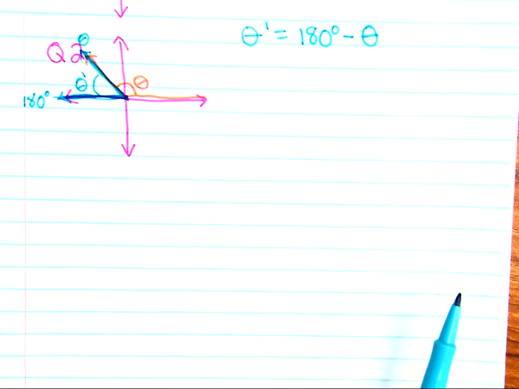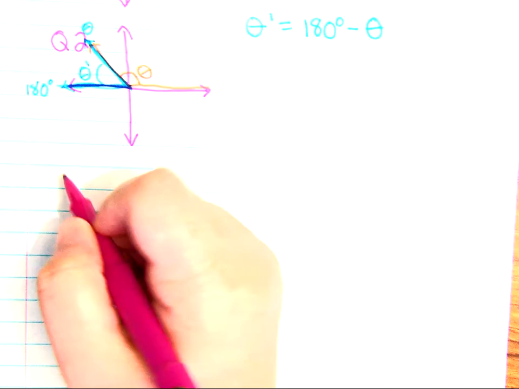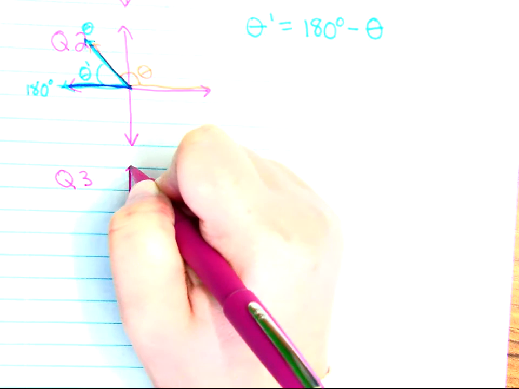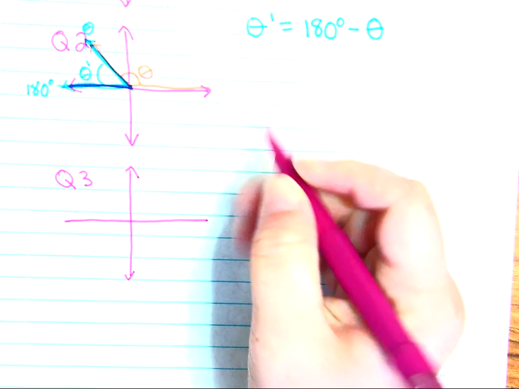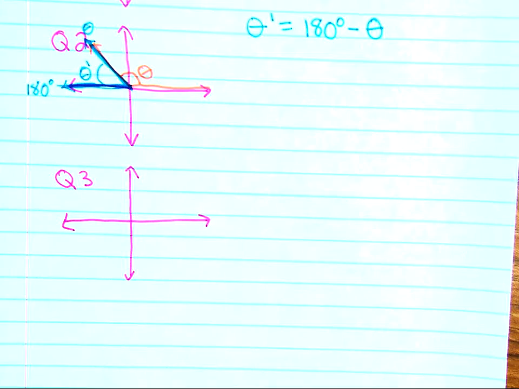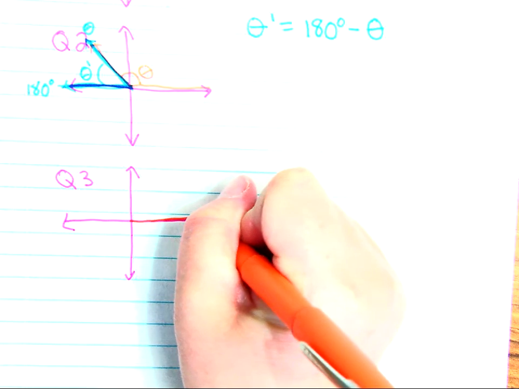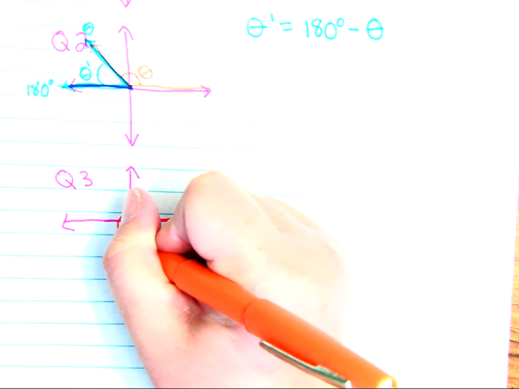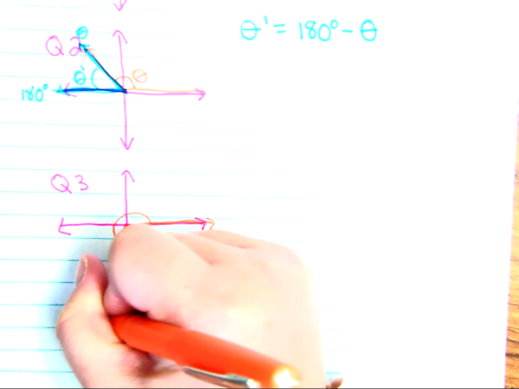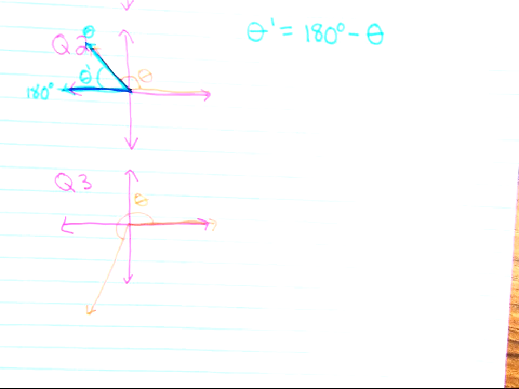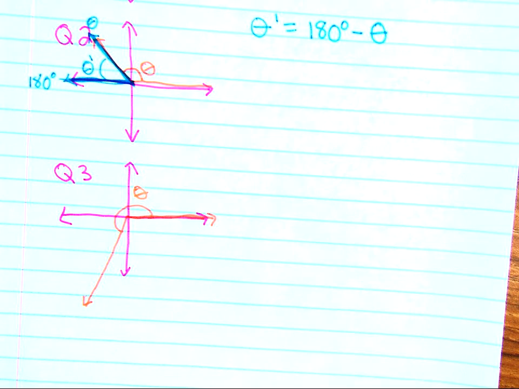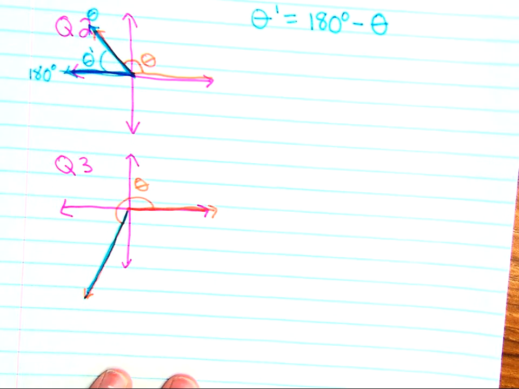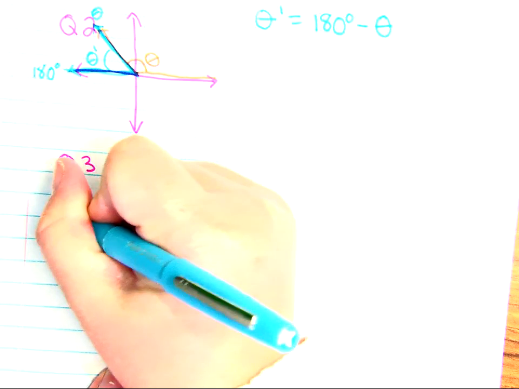So let's go to quadrant 3. And we kind of already did an example of quadrant 3, I believe. Okay, so draw an angle in standard position, quadrant 3, so it's going to rotate. Let's go all the way around until we're about out of quadrant 3. There's theta. Okay, so how would I find theta prime? Remember, it's the terminal side and the x-axis.